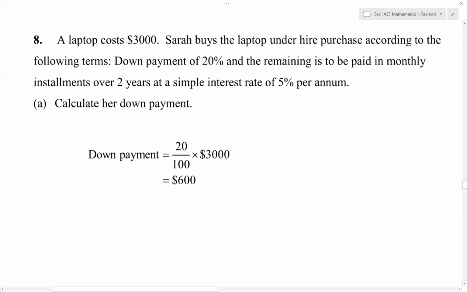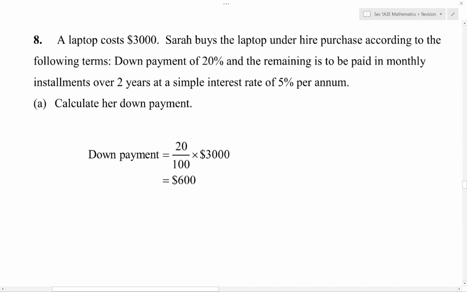This is the original amount that you loan from the bank or you deposit in the bank. R refers to the interest rate without percent, without the percent, and T will be the number of years.